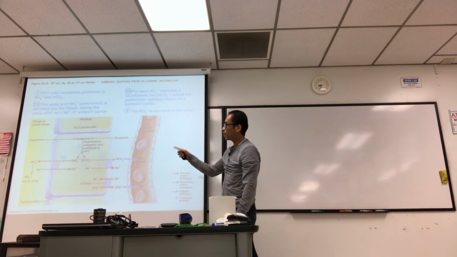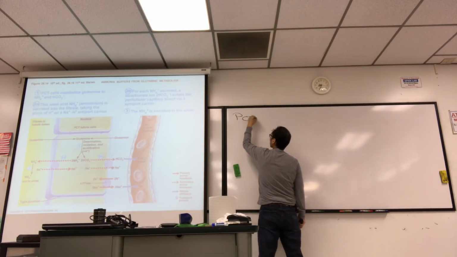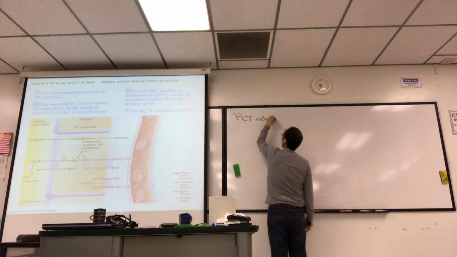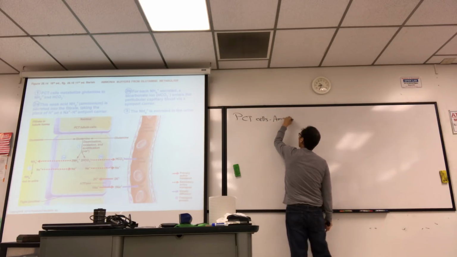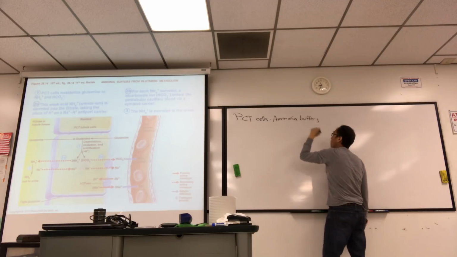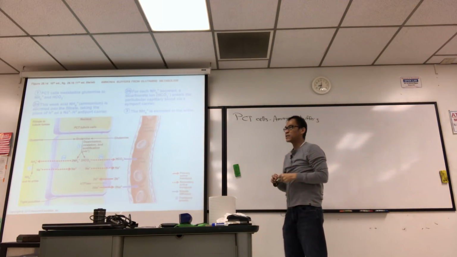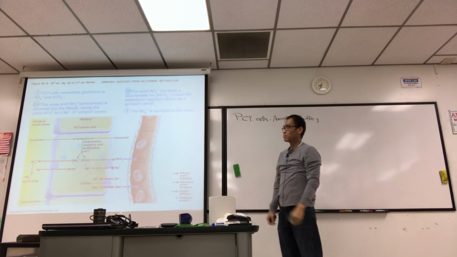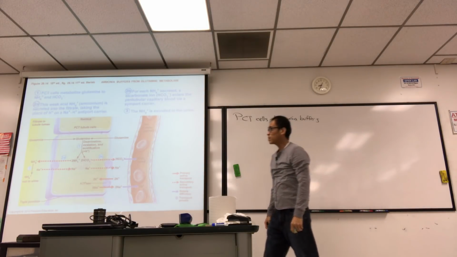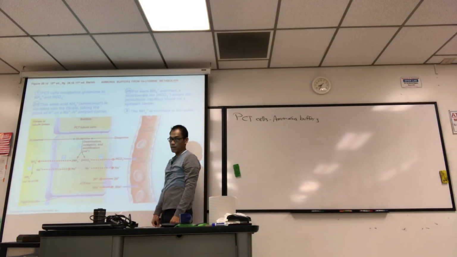All right, so these are ammonia buffers in the PCT cells. Ammonia, well, you need an amino acid because ammonia is NH3. So the amino acid glutamine is metabolized.